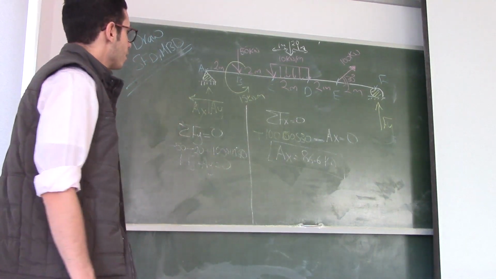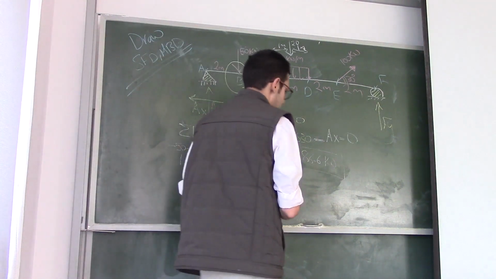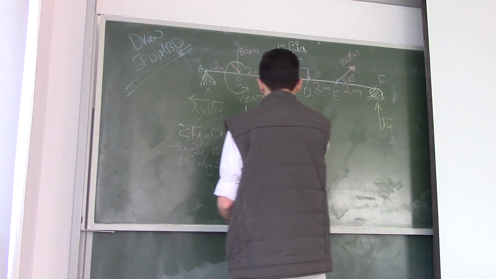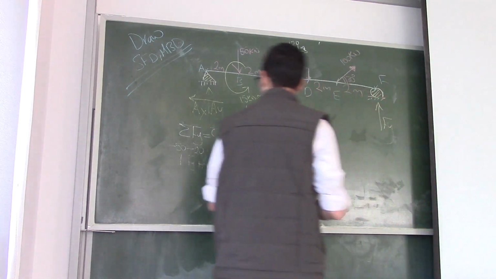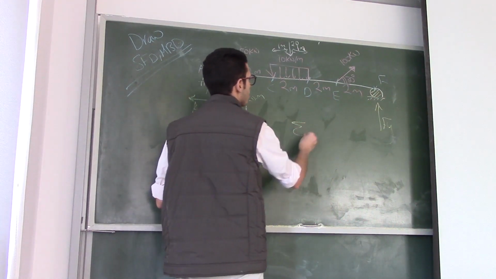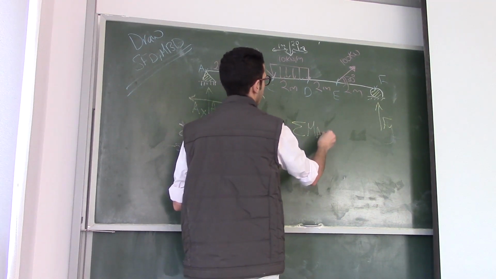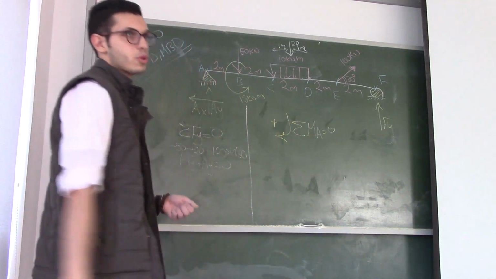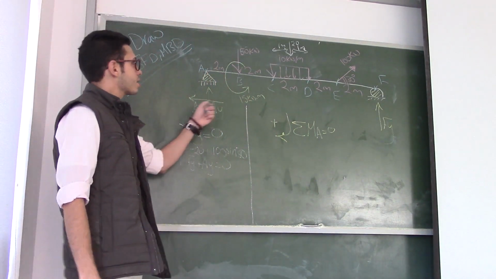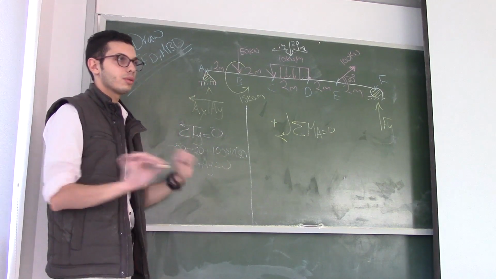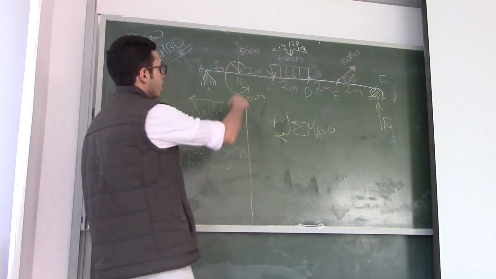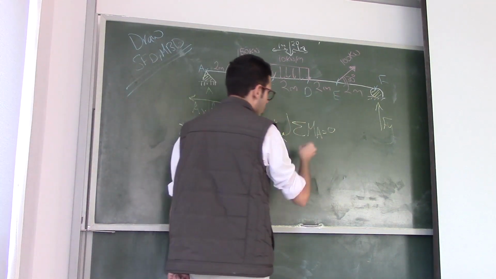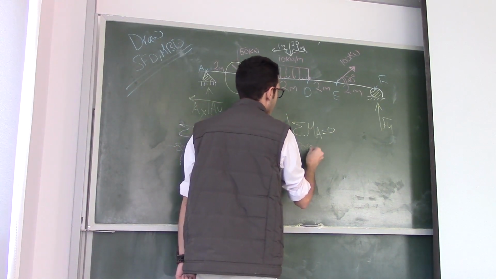Finally, the final equation is, let me just erase this one. The summation of the moment at point A, for example, will be 0. Clockwise opposite. So AX and AY do not make any moment at point A, right? So what we got? 50 multiplied by 2, and it's positive.